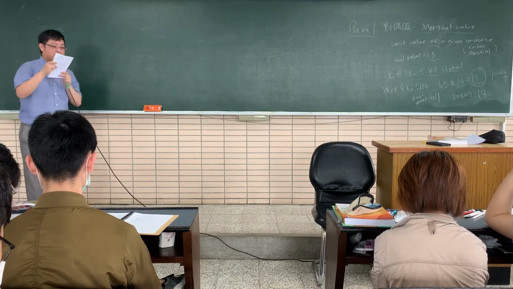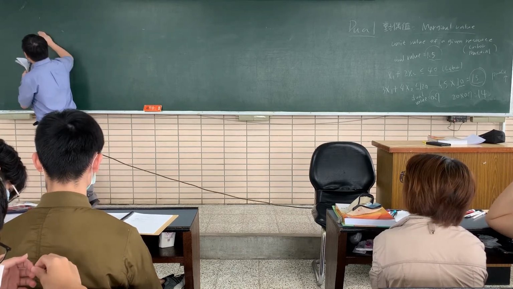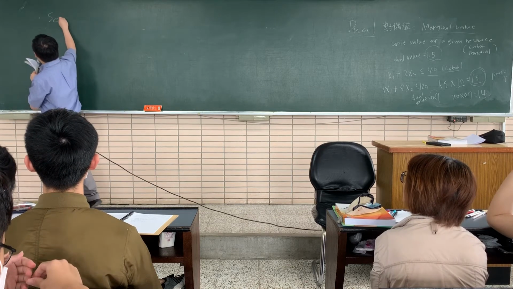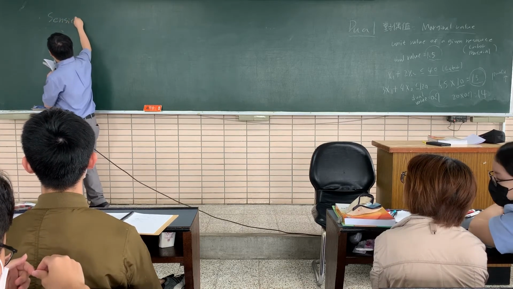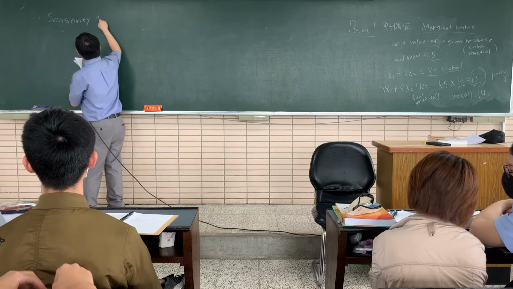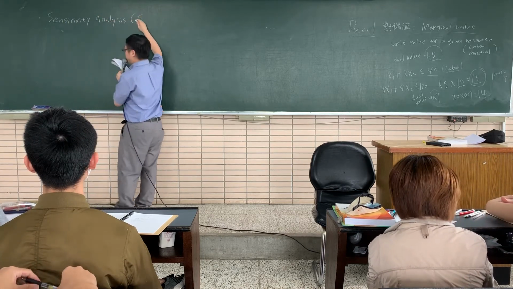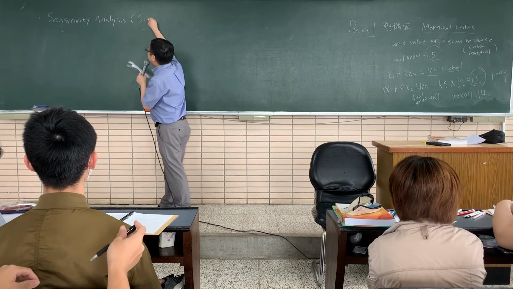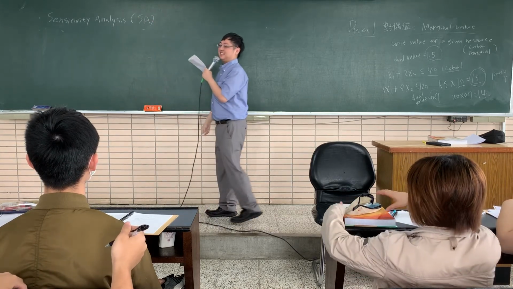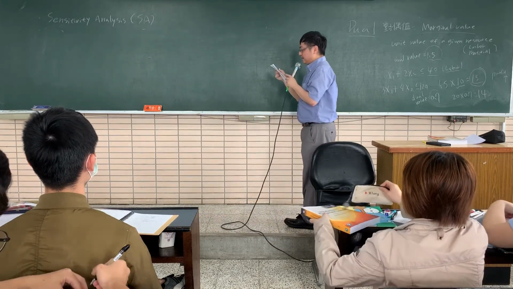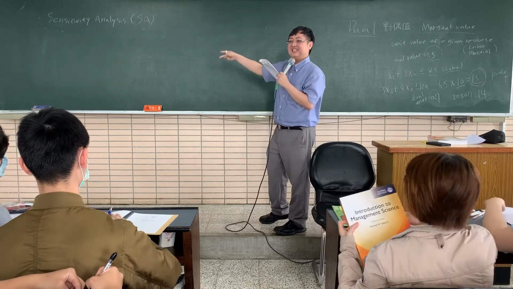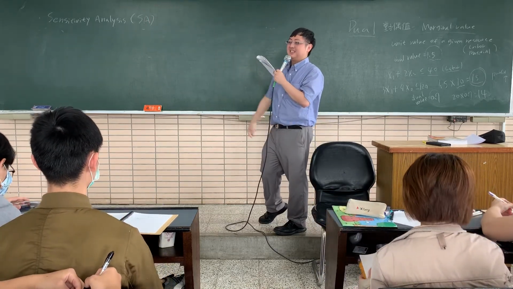Okay, this chapter 3. Chapter 3 is sensitivity analysis. The abbreviation is SA. What is the definition again of sensitivity analysis?